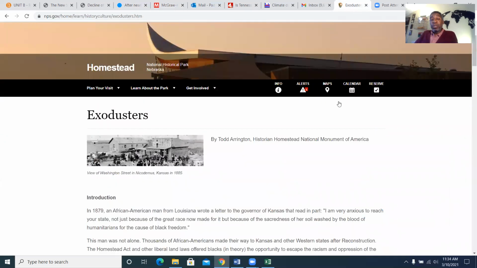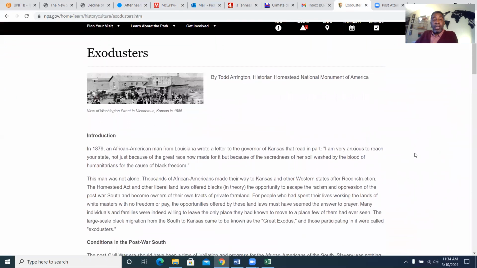In fact, a portion of that migration was called the Exodusters migration. Exodus is a biblical term, of course. And so not all Black people went north. Some Black people went west. And they established towns and cities, for one thing.